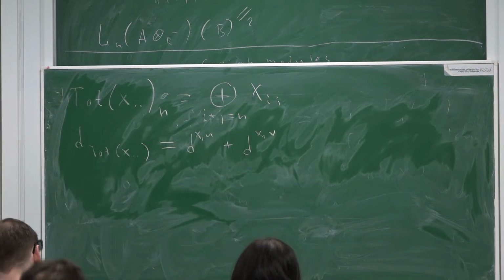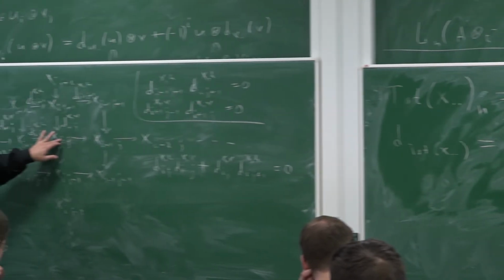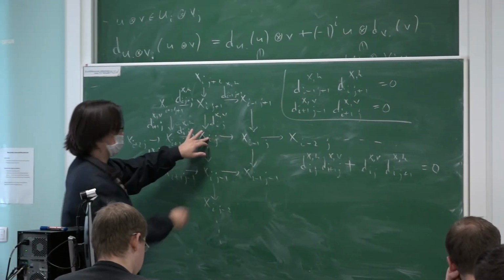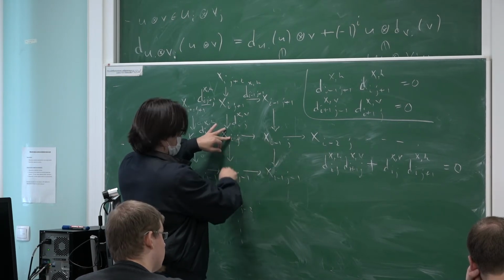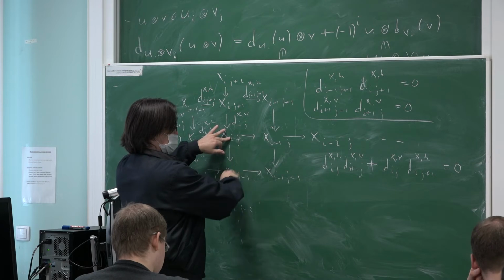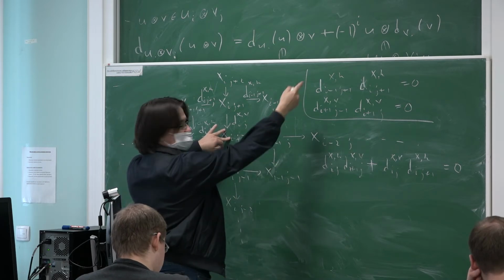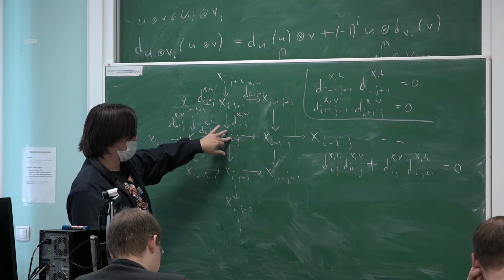So if you take an element here and want to apply the differential, you apply this differential, get an element here, and this differential, get an element here, and this pair lies in the direct sum of these modules.